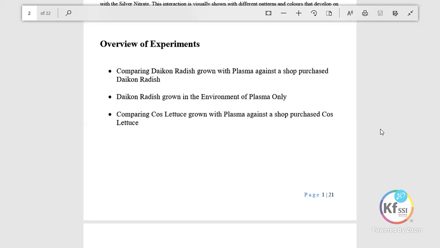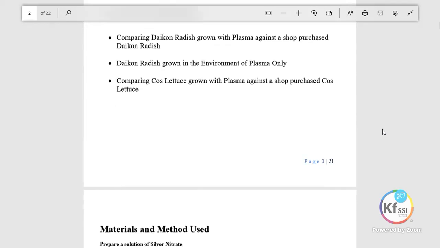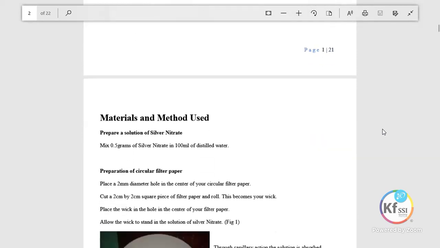Then I'd done another set of experiments on our cos lettuce, which was grown with the plasma, and again I purchased another cos lettuce from the shops just to create a visual comparison. So those were the three experiments that we had done.